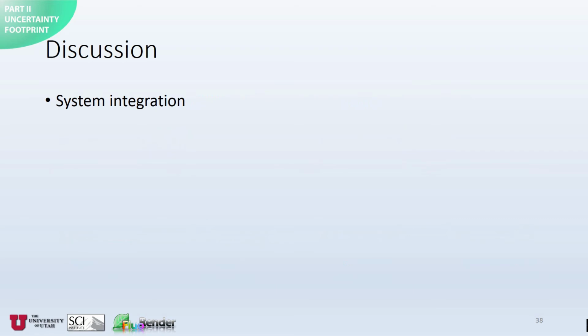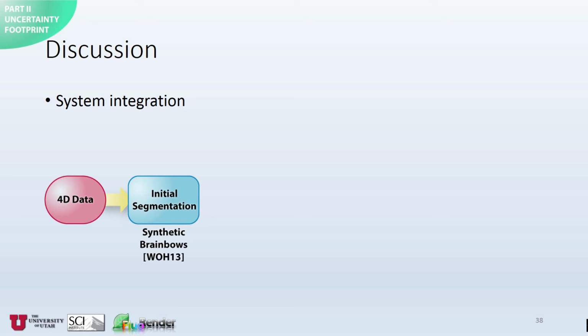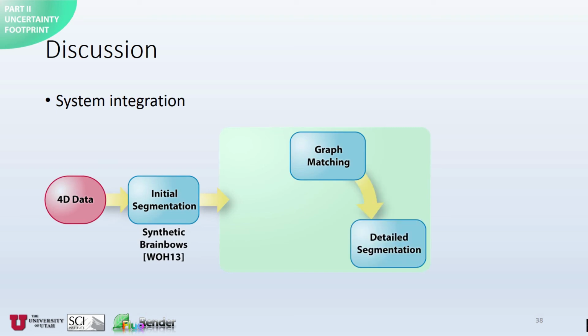Now, we can put everything together in our system and make it work. A 4D dataset is first processed with the synthetic Brainbows algorithm. It generates an initial segmentation result. The segmented results are processed with our iterative graph matching algorithm. We detect tracking issues during the matching process, and fix the issues using more sophisticated segmentation algorithms.